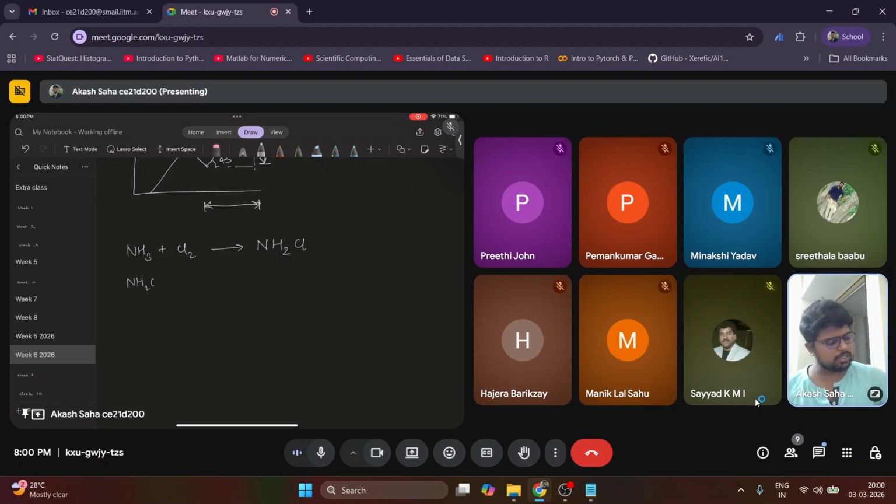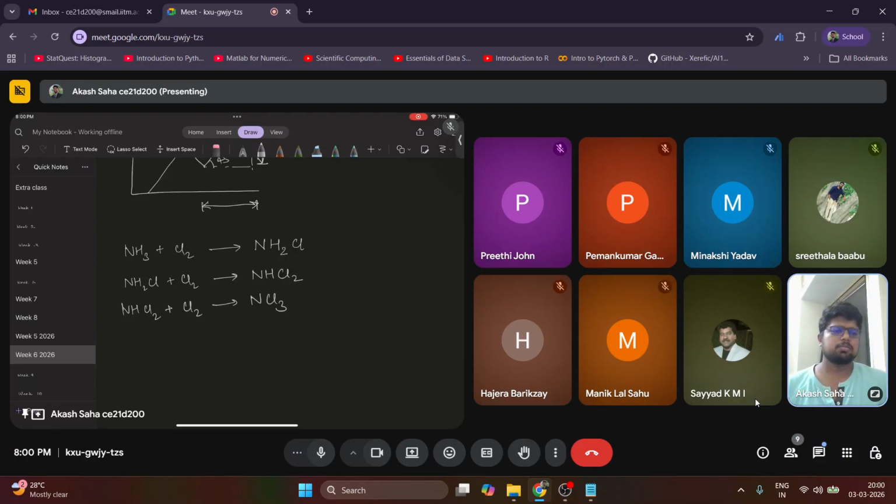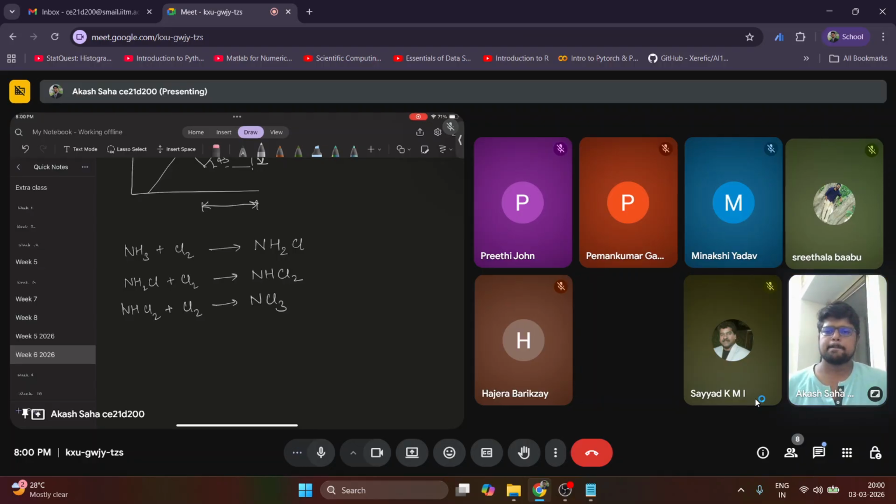Then this NH2Cl will again react with Cl2. Another hydrogen will be removed and 2 Cl will come, giving NHCl2. Then this NHCl2 will combine with chlorine again, the other hydrogen will also get removed, and another chlorine will be added, forming NCl3.